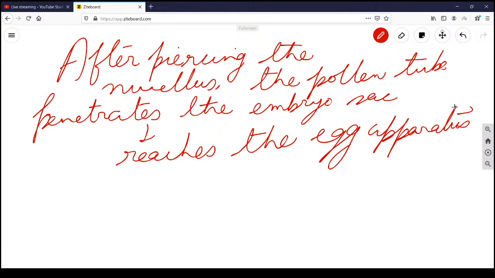Whatever happens, ultimately the tip of the pollen tube bursts and two male gametes are discharged, because the generative cell has again divided into two male gametes.